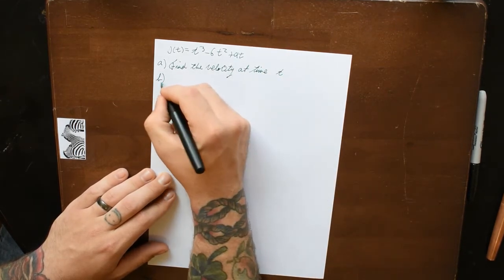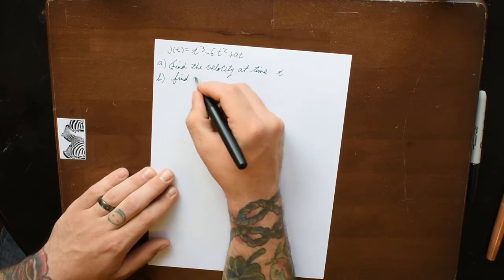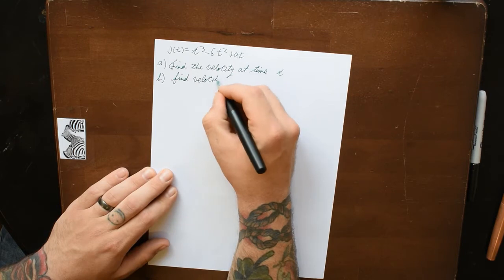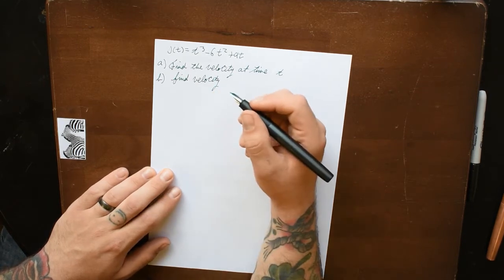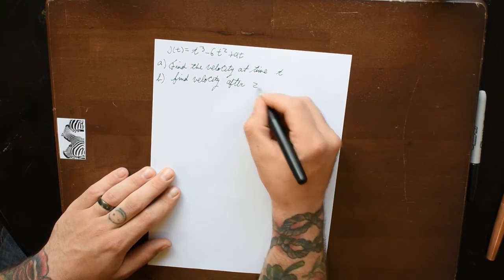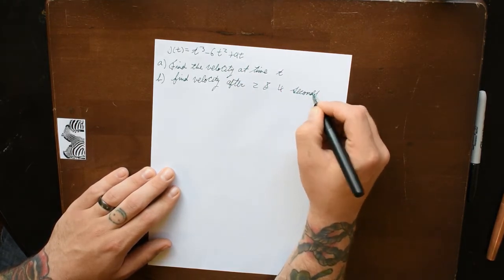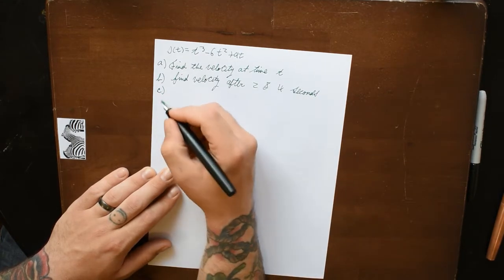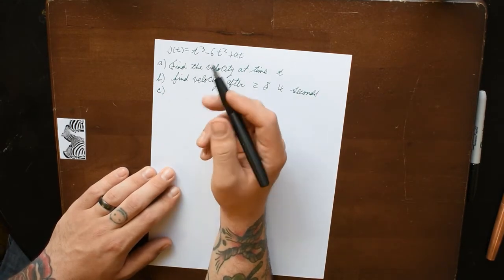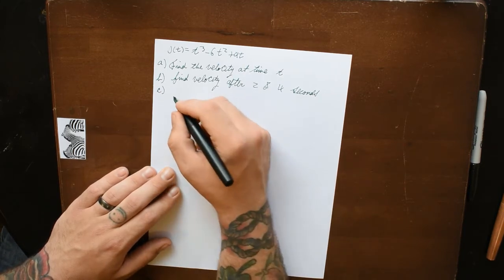The second thing is we want to find the velocity after 2 and 4 seconds. Then C, we want to figure out when the particle is at rest.